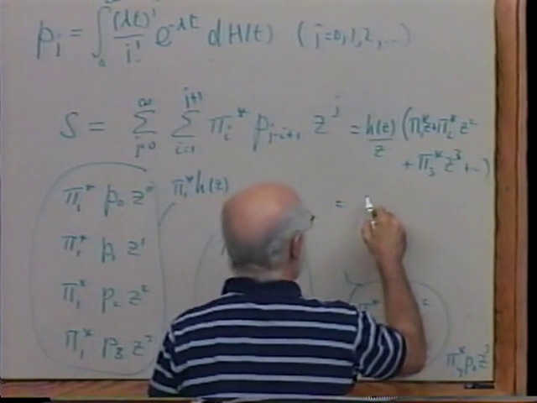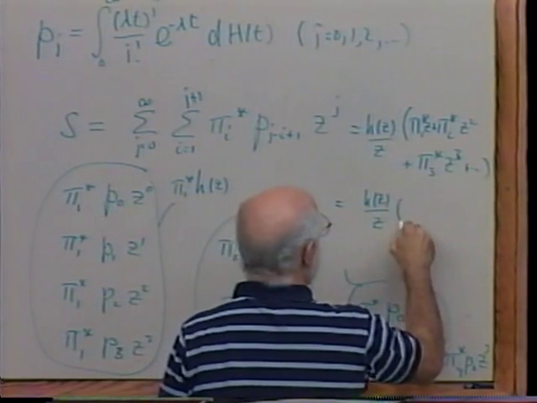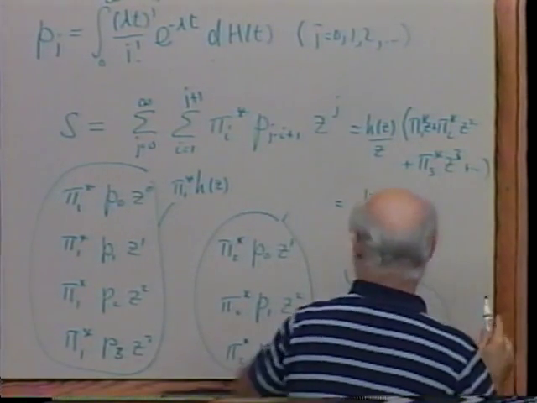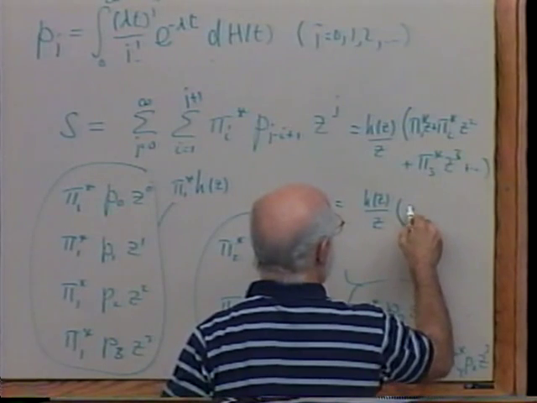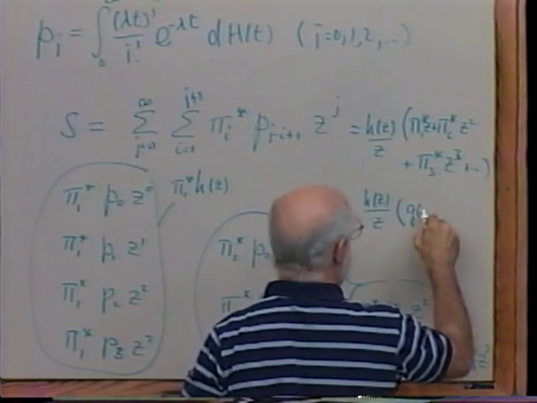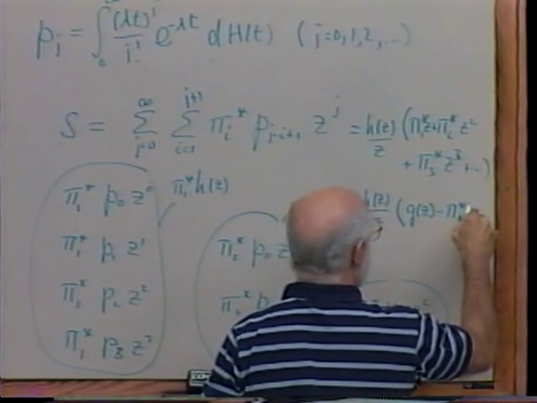So therefore, this whole thing becomes h of z divided by z times the generating function of the pi stars, which is g of z, minus pi 0 star.